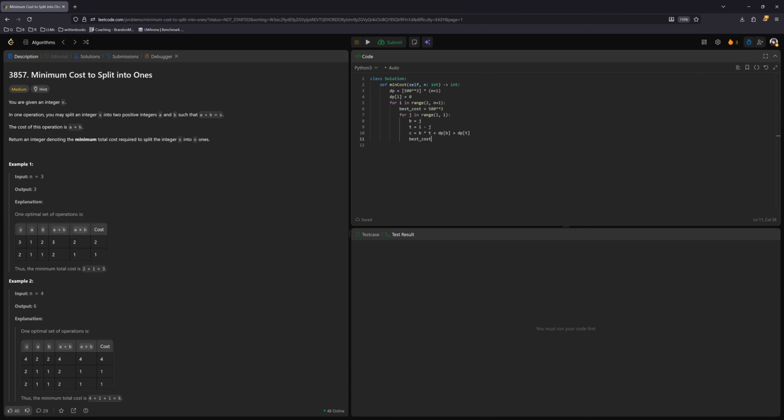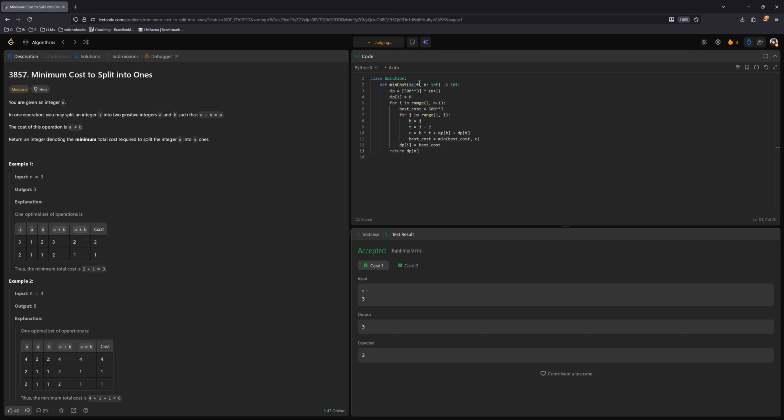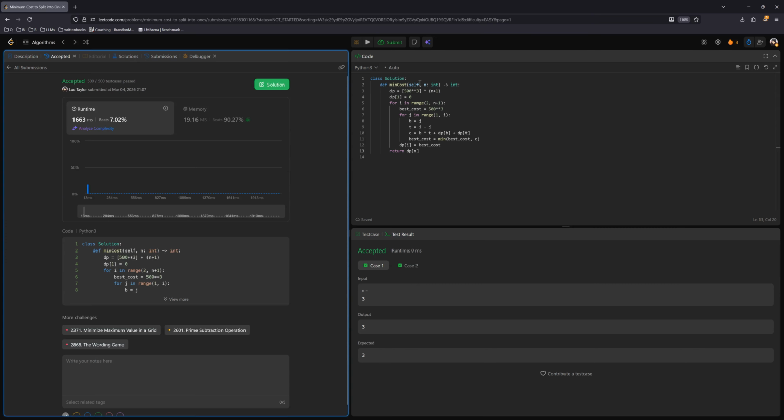And best cost equals min of best cost, comma, c, and then dp of i equals best cost. And then once we've done everything, then just return dp of n. I didn't reuse n anywhere, did I? Nope. Yeah, that was fun. I haven't done a dp problem in a while.